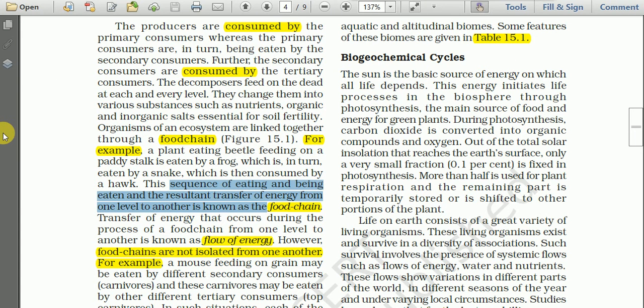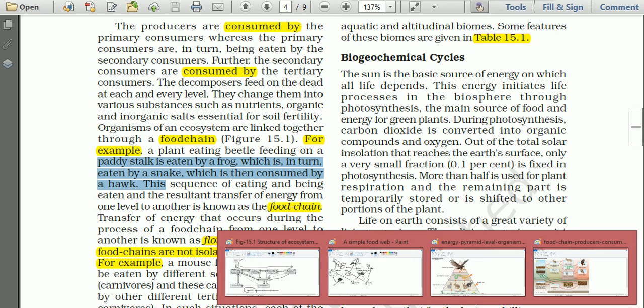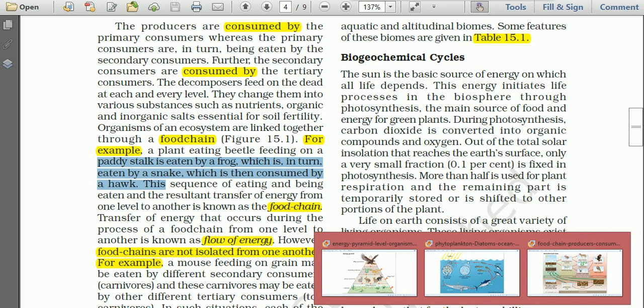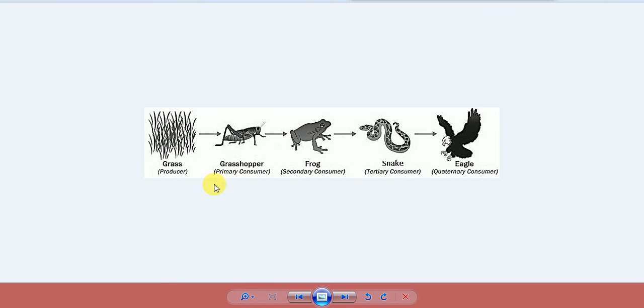And an example of a food chain, just here we have a very simple food chain. Paddy stalk eaten by frog, which in turn is eaten by snake and then consumed by hawk. Another example, see here, this is another simple food chain.